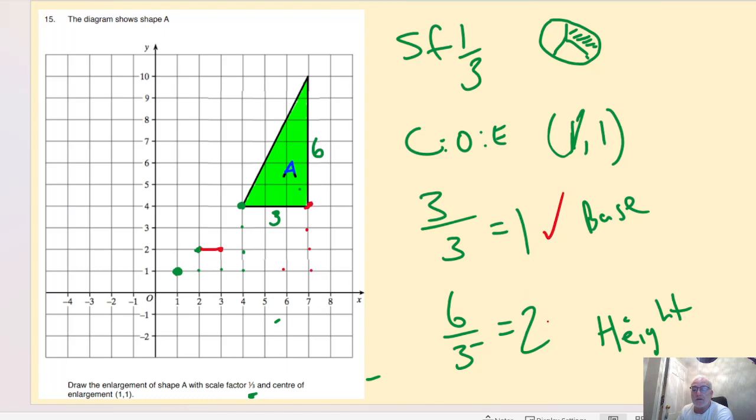And then I'm expecting it to be 2 squares high. I don't need to do the other vertex because I know my triangle is going to be 2 squares high. Okay. It will look in exactly the same format in the sense of we're not actually changing the orientation of it, we're just making it smaller or larger. Okay, so that would be a scale factor of 1/3.